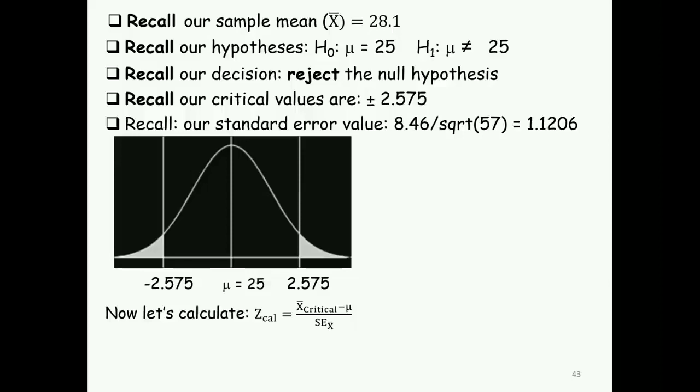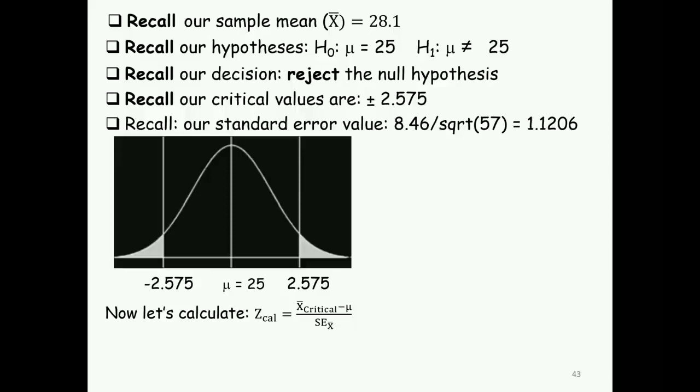Z calculated equals X bar critical minus mu, divided by the standard error. So instead of minus 2.575, I want to put X bar lower critical, X bar upper critical. That's what I want to calculate.